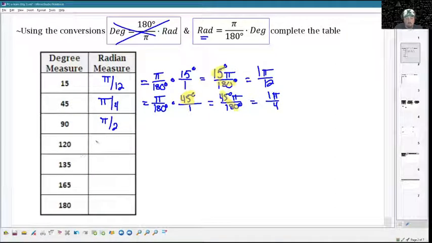120 over 180. That should give you 2/3 when you plug it through. That's going to be 2 pi over 3. This would be 135 pi over 180, which would give you 3 pi over 4. 165, so that 165 is going to end up on the top, and you've got to simplify that fraction, but that should be 11 pi over 12.